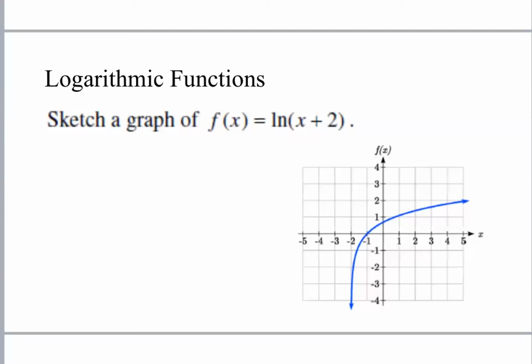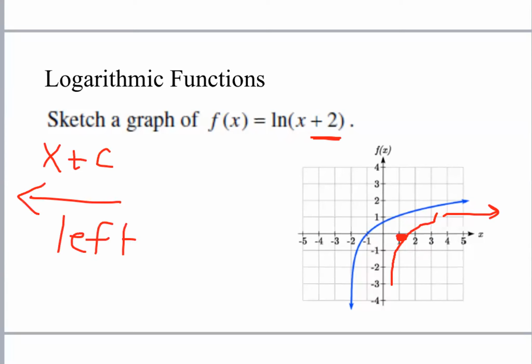Now I have this sketch the graph, and I've switched over to the PowerPoint. Your normal log goes through right here, and then it goes up nice and pretty. Remember that x plus c moves you to the left 2 units. So a good way to look at this is to move that vertical asymptote over 2 units, and that's now where everything is going to hit.